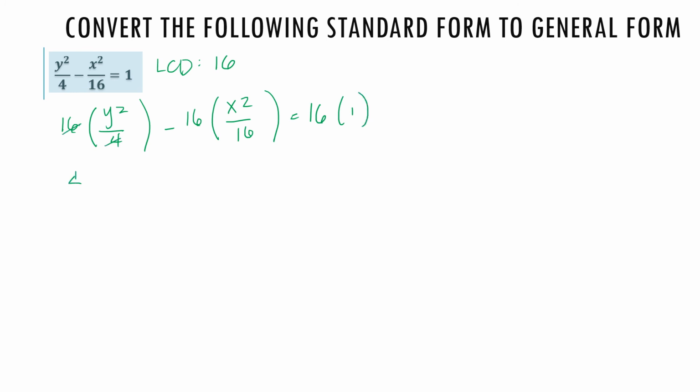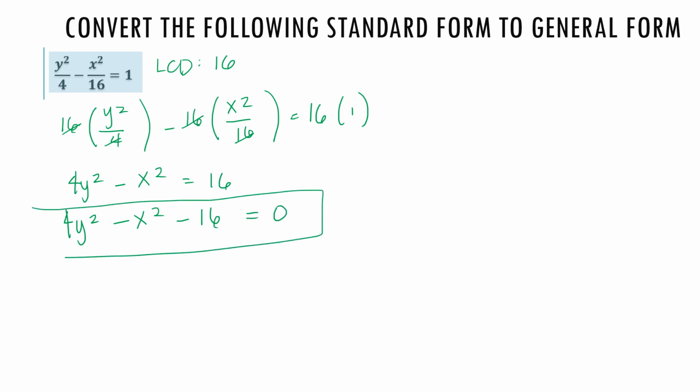So this is 4y^2 minus 1, so x^2 equals 16. And by addition property of equality, we have 4y^2 - x^2 - 16 = 0.